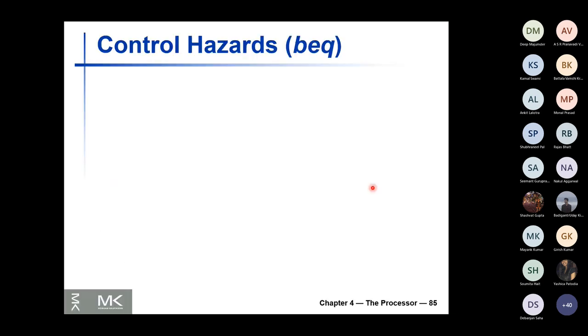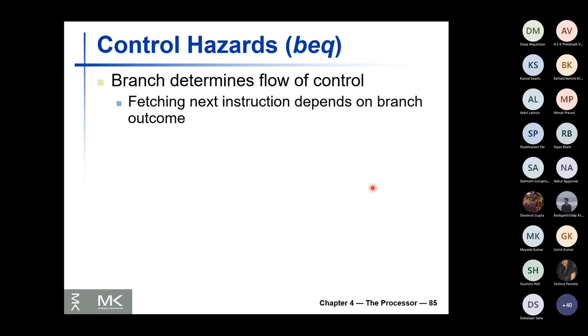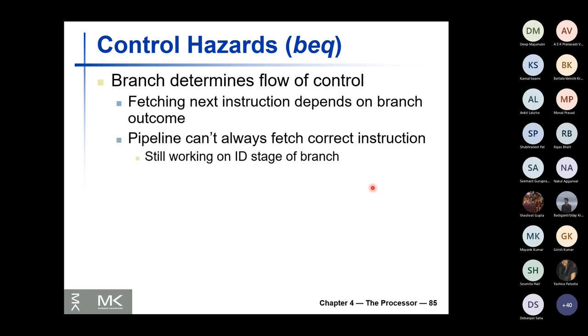So branch determines the flow of control, and fetching the next instruction depends on the outcome of the branch. Let us see how you can avoid this kind of hazard, and what penalty you have to pay.